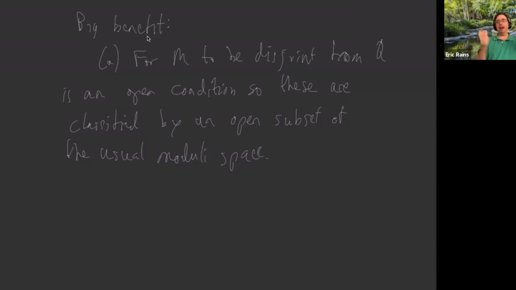But then once we have this projective scheme classifying sheaves, the sheaves that are disjoint from Q are going to be an open subscheme. So in other words, once we've separated ourselves from Q, we can just look to the literature to say that yes, there's a nice algebraic moduli space.